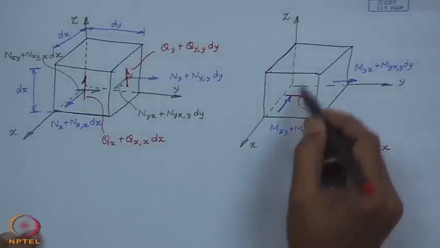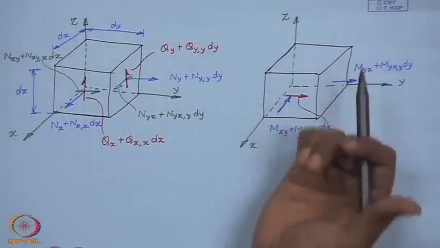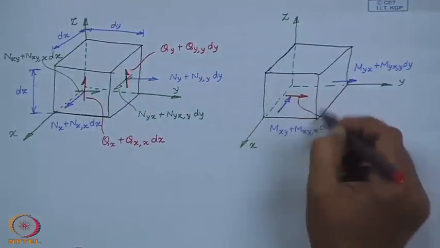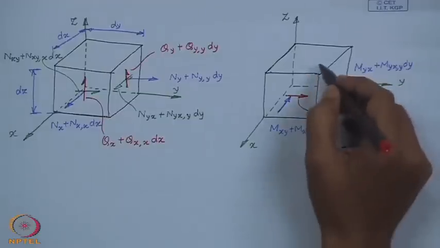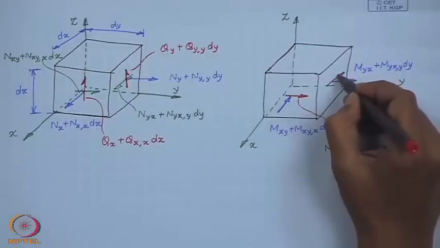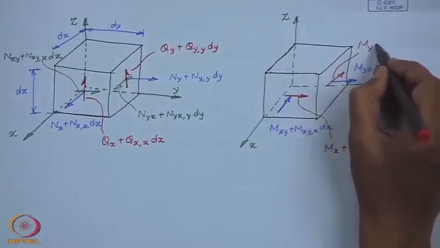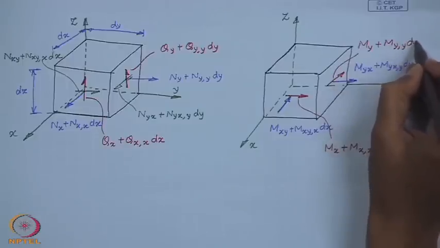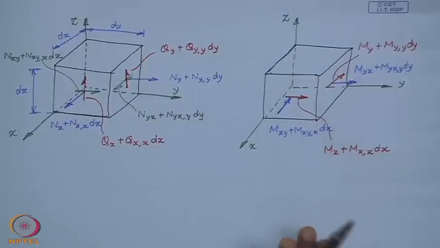This is the moment because of the normal stress sigma x x, which follows the right hand rule. On the face x equal to 0 you have just m x in the opposite direction, and on this face it is because of sigma y y. So, you have these as the moment resultants.